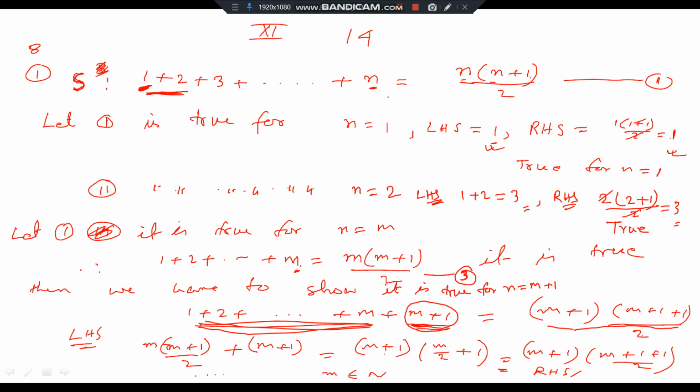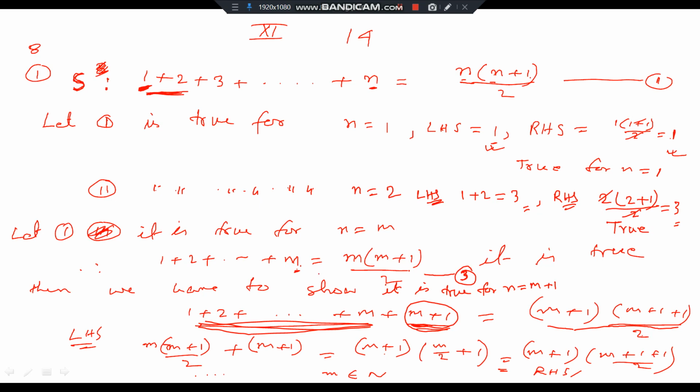That's all. Once more I am telling that first you have to consider the given thing as a statement. Then step number 1, you show n equal to 1 it is true. Step number 2, for n equal to 2 it is true, it is optional. And then for n equal to m, you consider that let it be true.